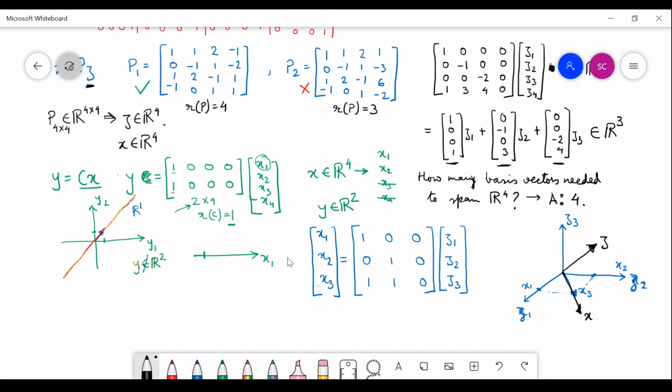That ability will be gone if we are using a transformation, basically a matrix, which does not have independent vectors. So we must be very sure that the rank of the matrix is full, or the matrix is invertible, or the matrix is non-singular. All these things imply the same thing, that the column vectors are independent.